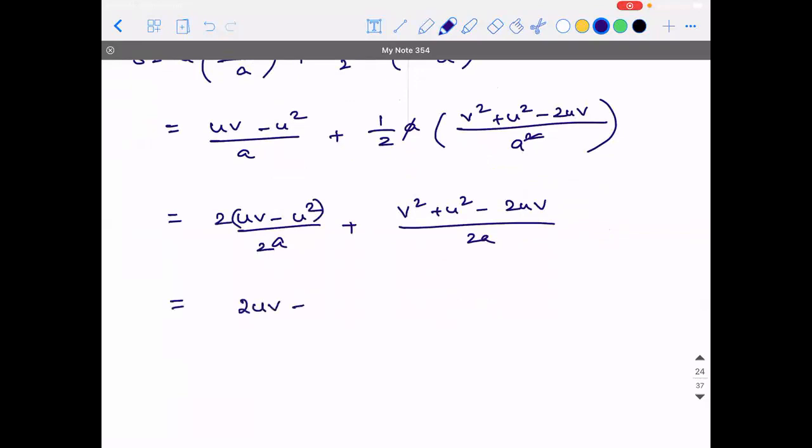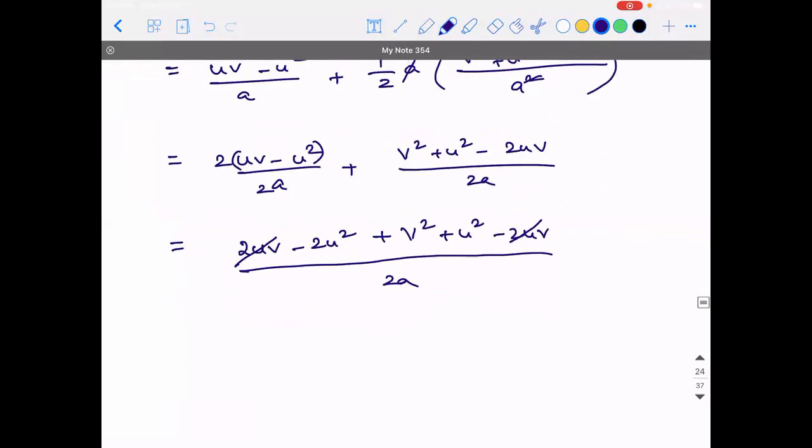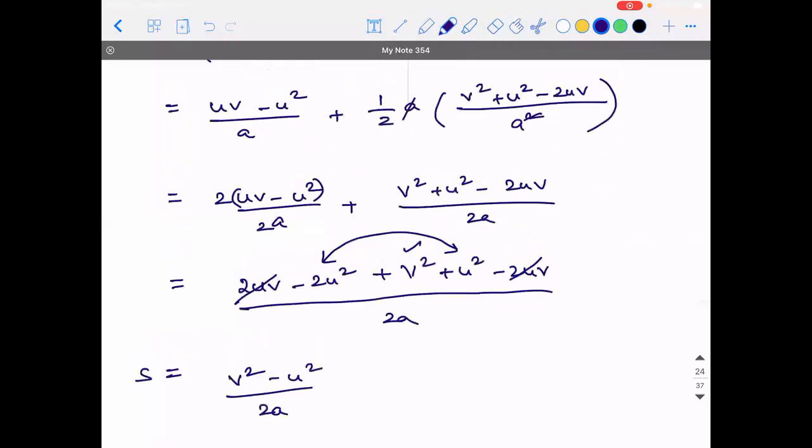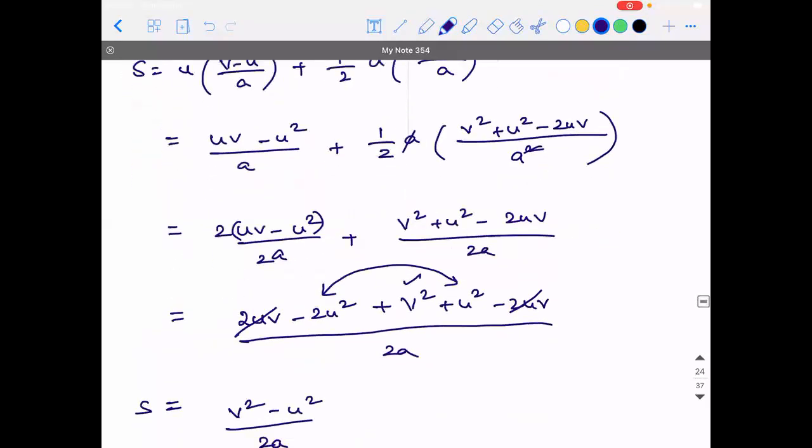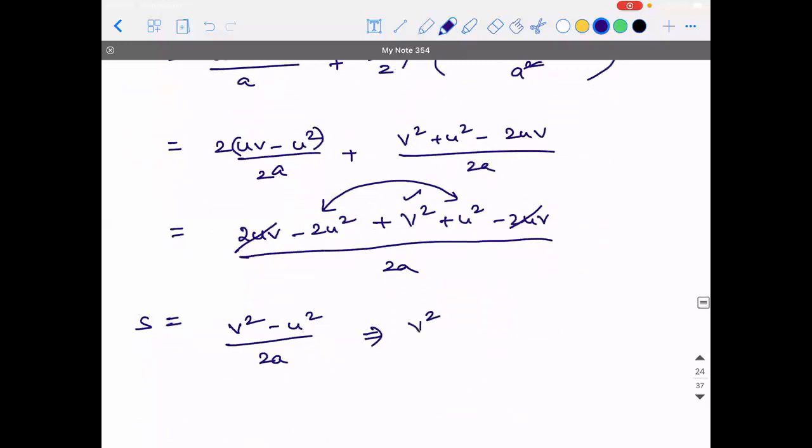You will get 2uv minus 2u square plus v square plus u square minus 2uv, the whole divided by 2a. 2uv and 2uv will get cancelled. v square is written as it is. Minus 2u square plus u square is minus u square, divided by 2a is s. So what will you get? v square minus u square will be equal to 2as.